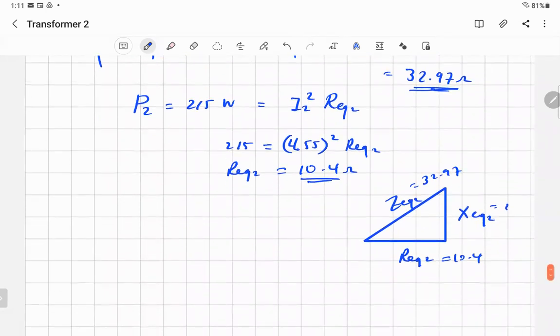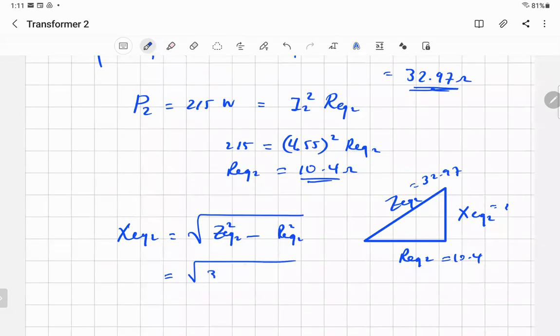So how do you find X equivalent? X equivalent 2 is equal to the square root of Z equivalent 2 square minus R equivalent 2 square. And all the values we have. 32.97 square minus R equivalent 10.4 square. Then you find X equivalent is 31.3 ohm.